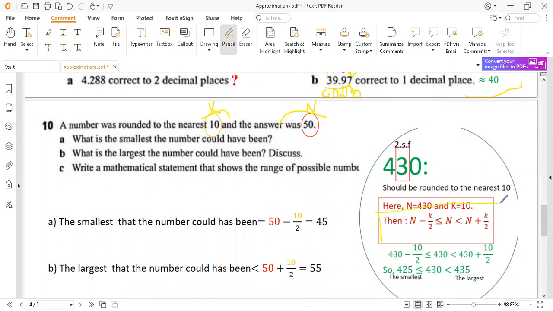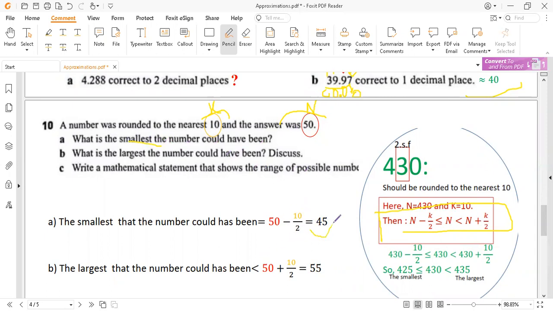It is very useful to find the smallest number that it could have been, or the biggest one. The smallest number is equivalent to n minus k over 2.